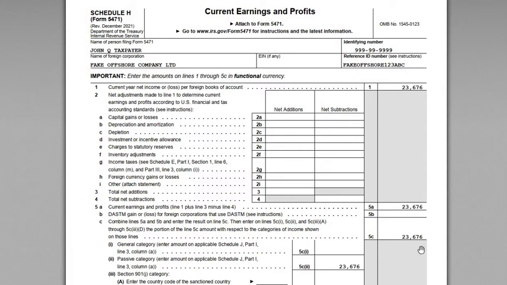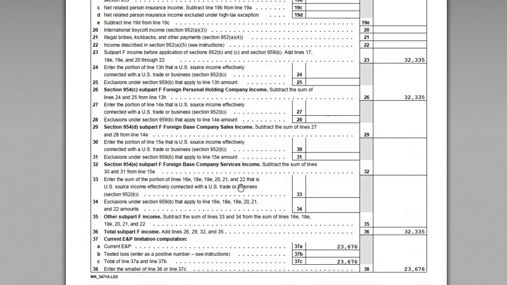So our adjusted net E&P for the company is the 23,676 number. Now, the reason why this is important is because the Subpart F income inclusion is capped at whatever your current E&P is. In other words, even though we have $32,335 of Subpart F income, we cannot allocate or have an inclusion of more than whatever our E&P is.